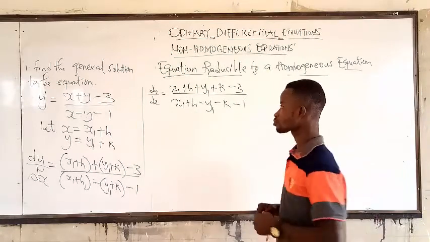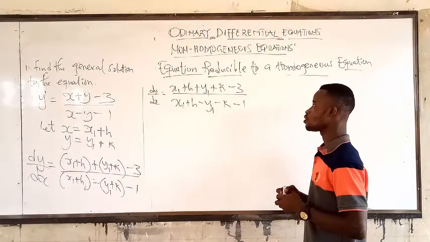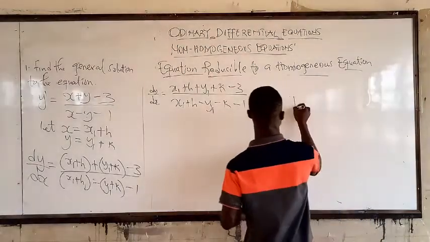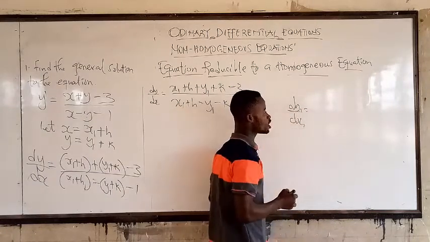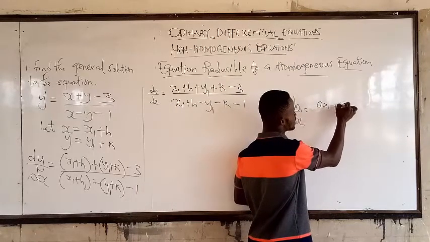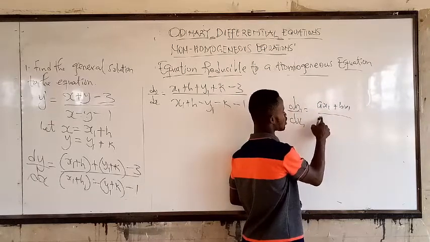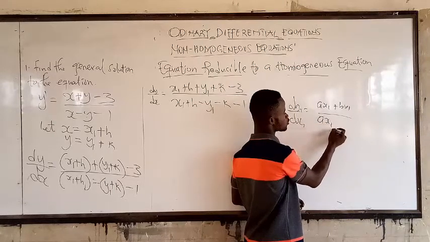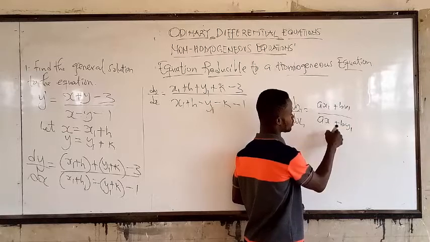Now watch. What we said is that when you reduce it to homogeneous, the homogeneous is going to give you something like this: a1x1 plus b1y1 over a2x1 plus b2y1.